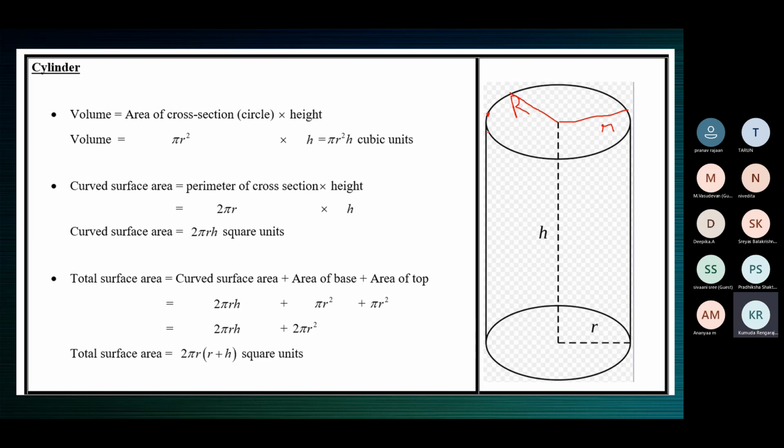Now when the wall is thick, for example, can you think of a sellotape roll? Yes, ma'am. A sellotape roll is a cylinder which is open at both the ends. Yes or no?